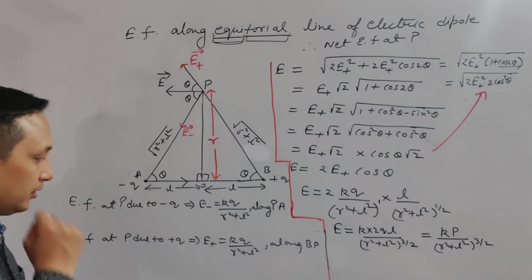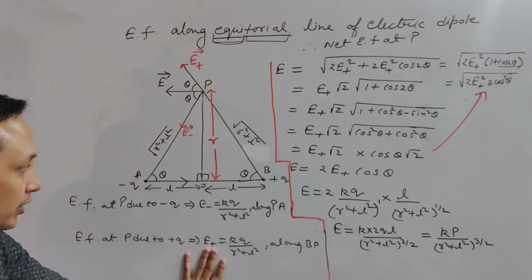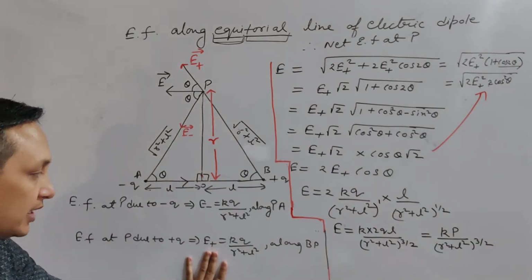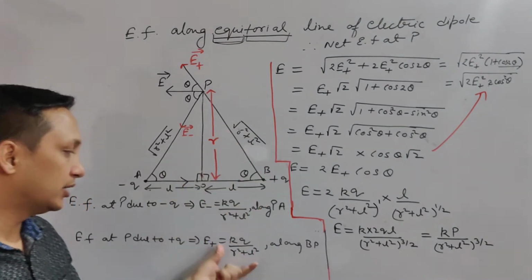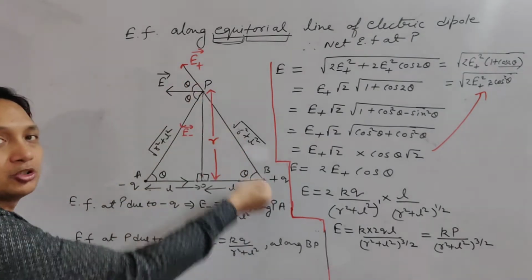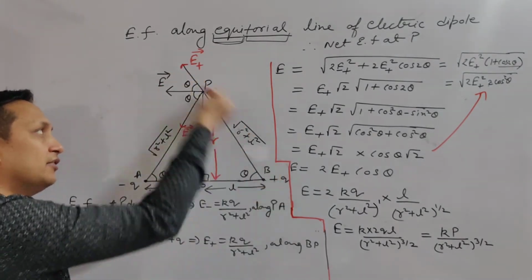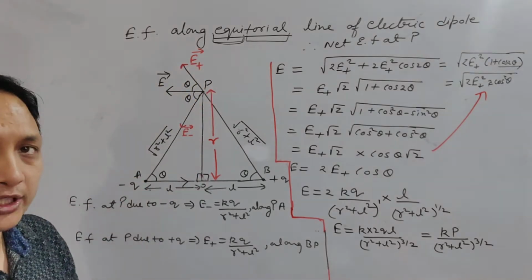Now, what will be electric field at point P due to this plus Q charge? It will be E plus is equal to KQ upon under root of R square plus L square, whole square. That will cancel the under root. Again we are getting the same thing, but the direction is always away from positive charge, toward negative charge. Will the magnitude in both cases be the same?